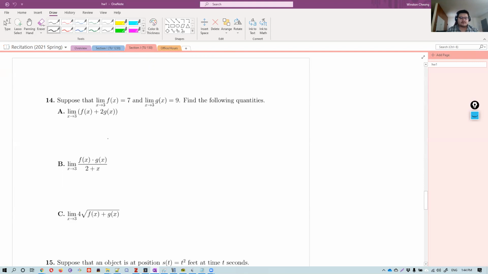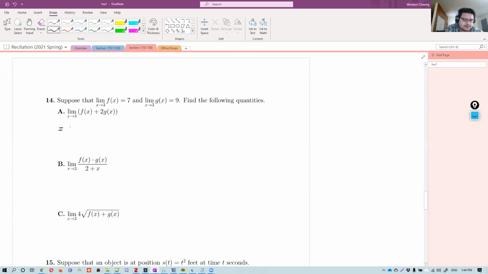So you move that limit around until you get to a point where you actually can evaluate it. This is because you're not supposed to just directly plug in 3 into these things, until we get to continuity, which I think is next week.